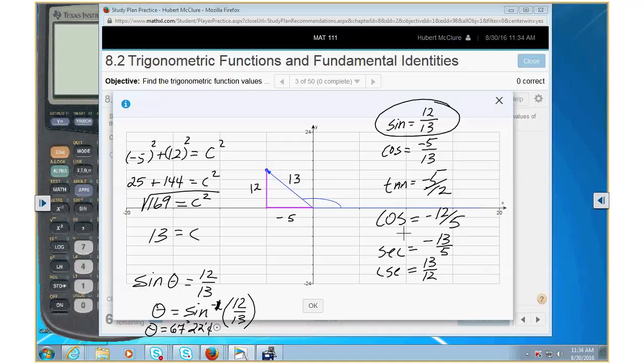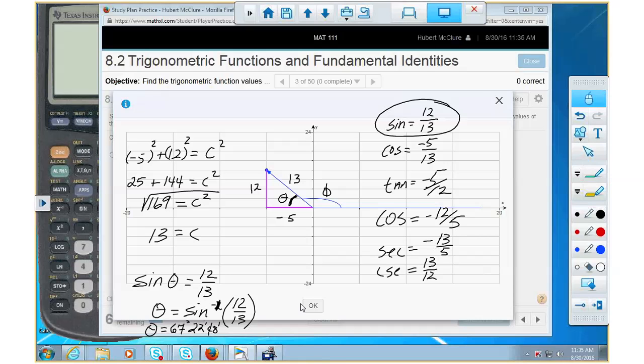Now that is the coterminal, that's this side right here. That's theta. So if you want theta, you have to subtract from 180. I was trying to get a radical so y'all could rationalize, but I failed.